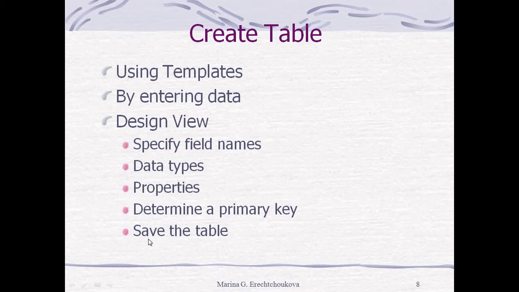As we all know, the meaning of template is a ready-made file. So templates are ready-made databases or tables which are created by Microsoft Access, and if such a table matches your requirement, you can use that table for your data storage.